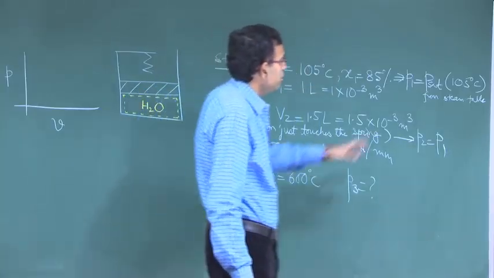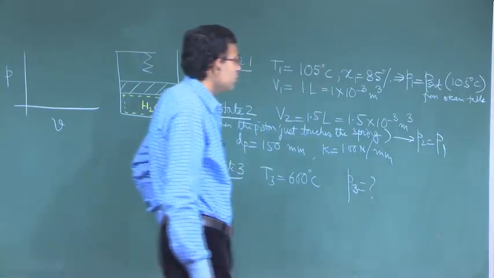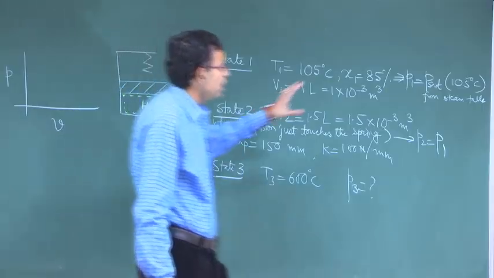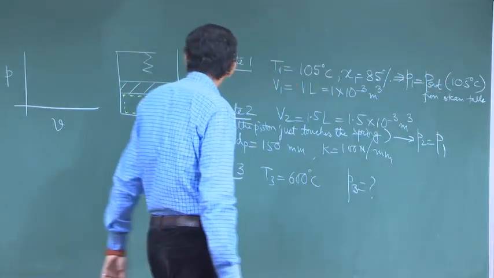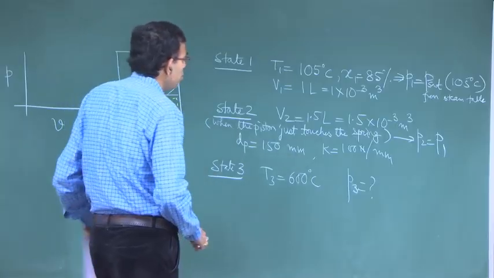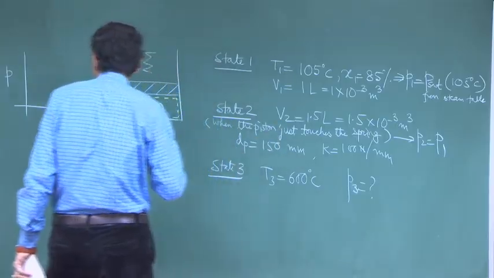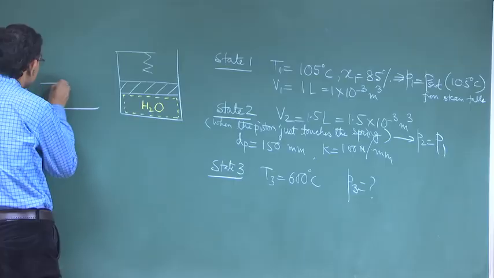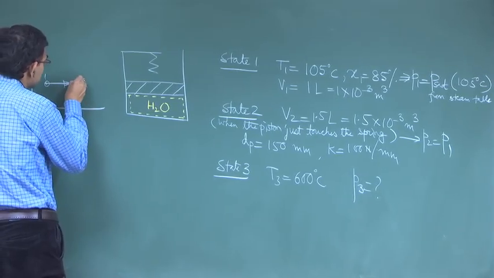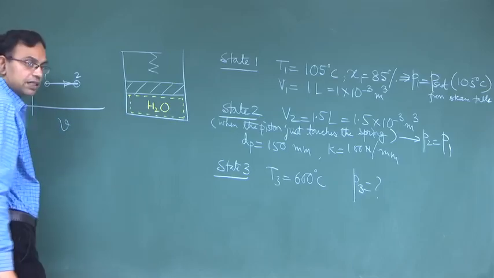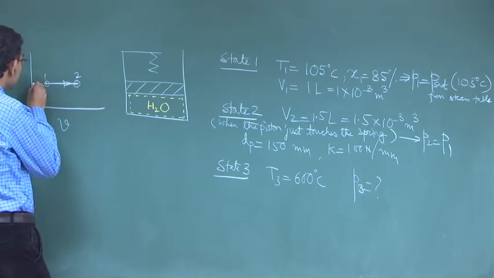It will be a value obtained from the steam table. So, from 1 to 2 the volume increases, but the pressure remains constant. So, it is a constant pressure process.